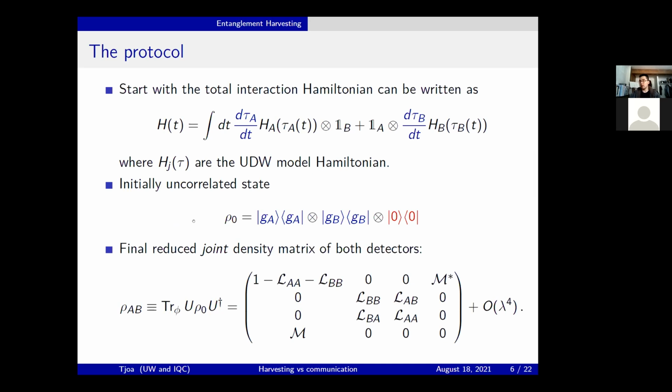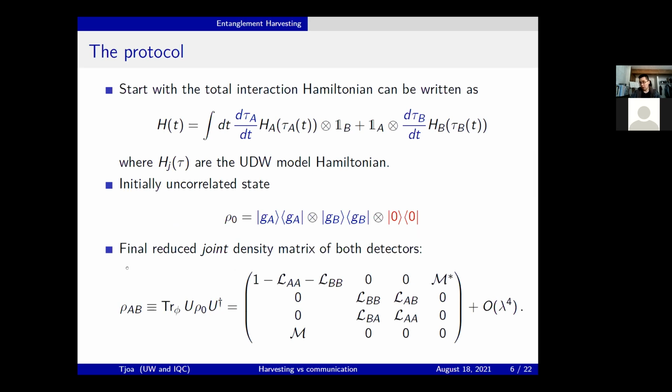And the standard vacuum entanglement harvesting protocol, as the name suggests, starts with three initially uncorrelated ground states of each Hilbert space. So you start with the ground state of detector A, the ground state of detector B, and then the ground state of the scalar field, which in this case is the vacuum state of the free field.